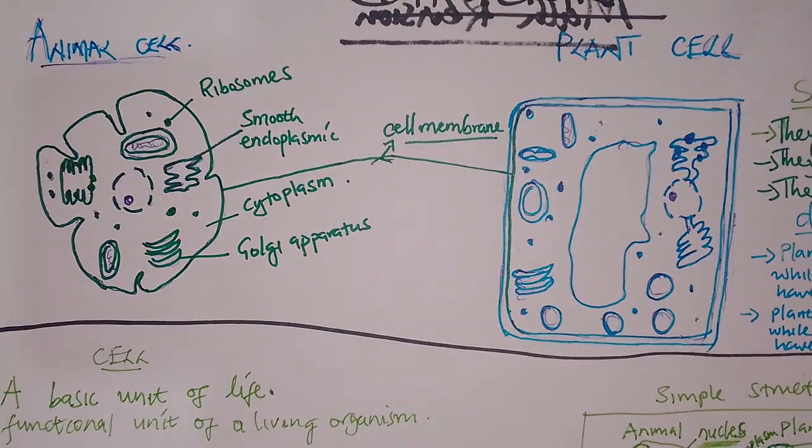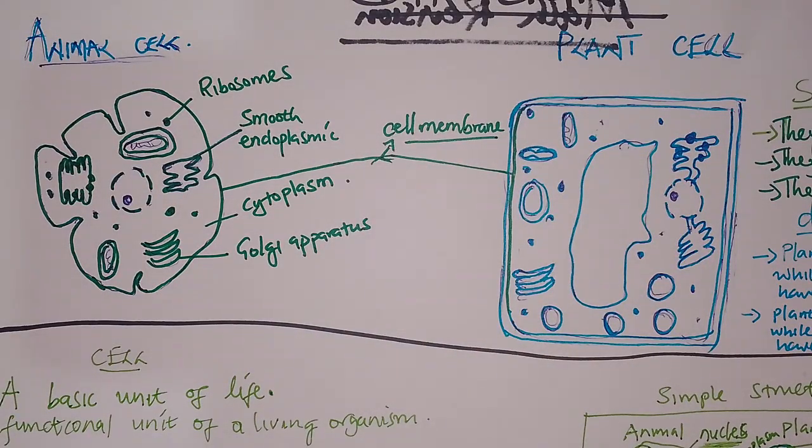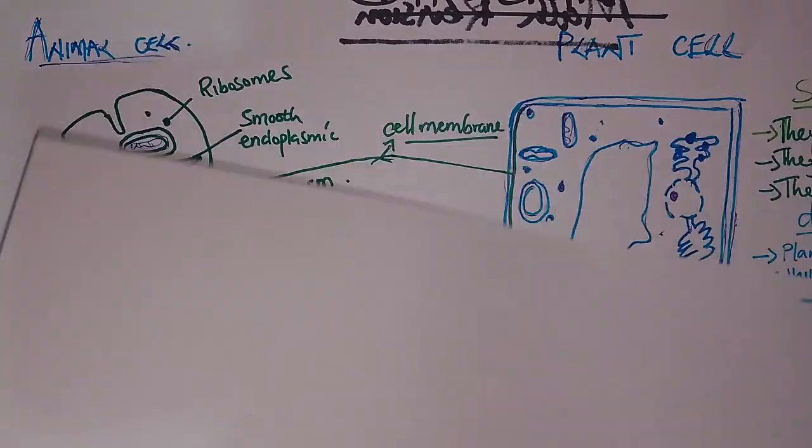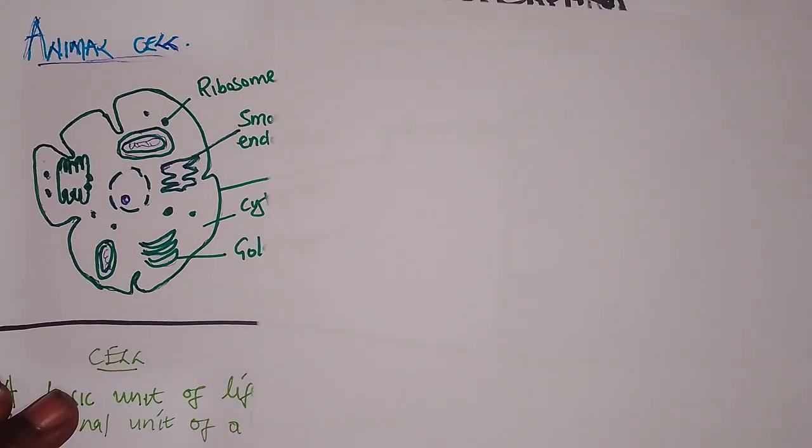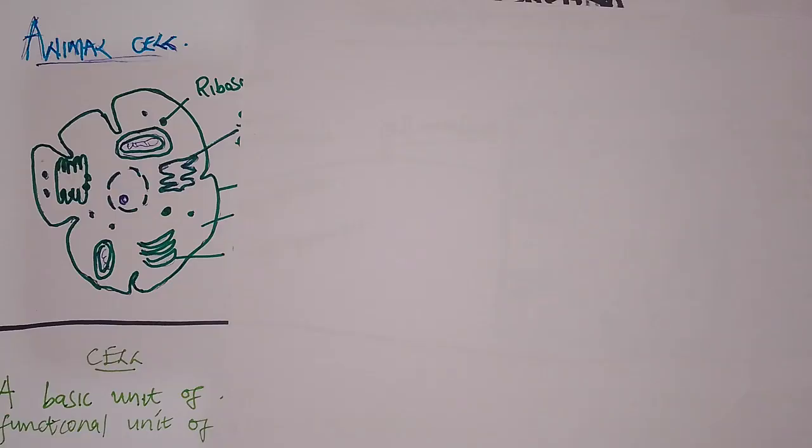The first part we need to look at under a plant and an animal cell is the cell membrane. So what is the cell membrane?